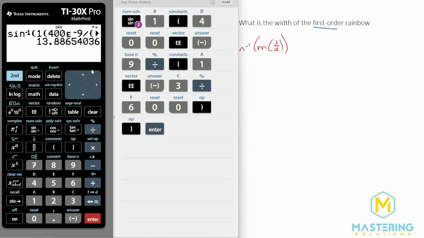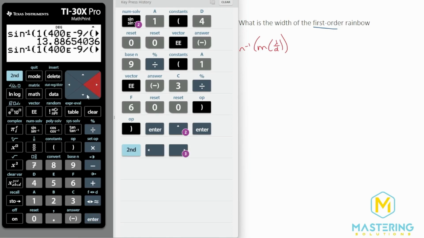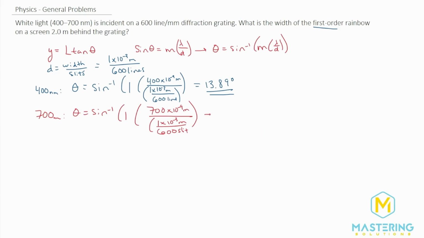In our calculator, it's pretty easy because we can just copy this forward and change this to 700. Everything else is the same, of course. So the degrees for red in this case is 24.83 rounded. So we have 24.83 degrees for red.